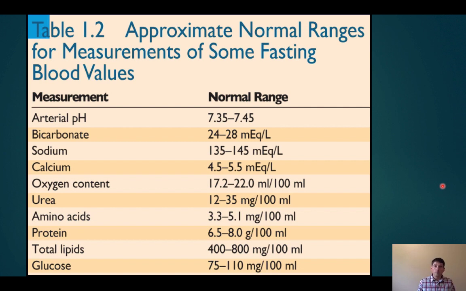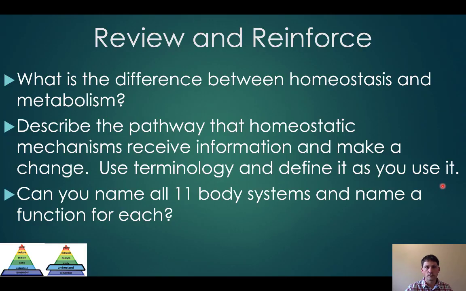Why fasting? If you're eating food, you can alter these levels, so fasting gives us a baseline of what our body is doing on its own. Some of these ranges are really small, and there is not much room for change because our body doesn't want to work outside of those values.